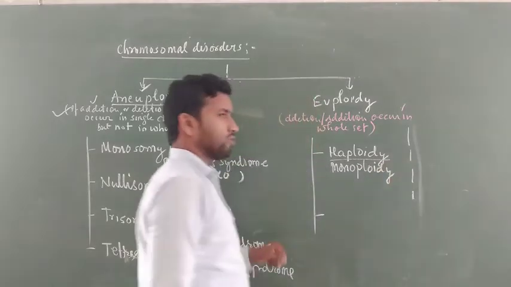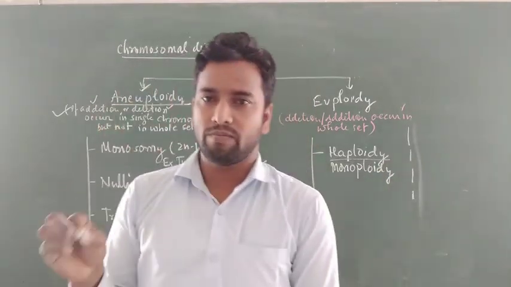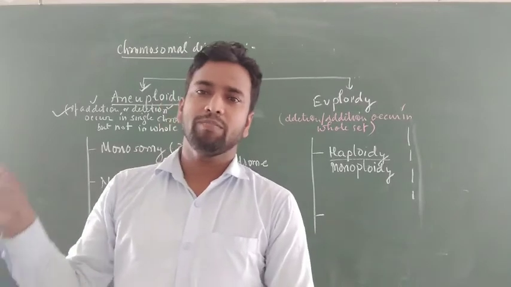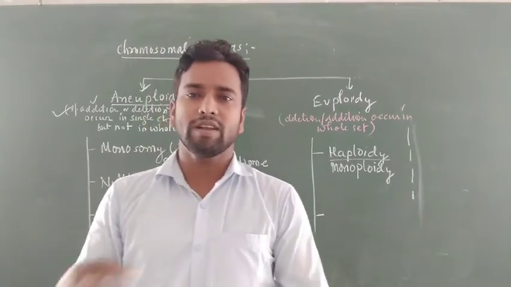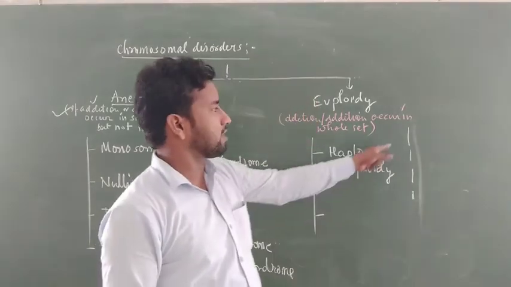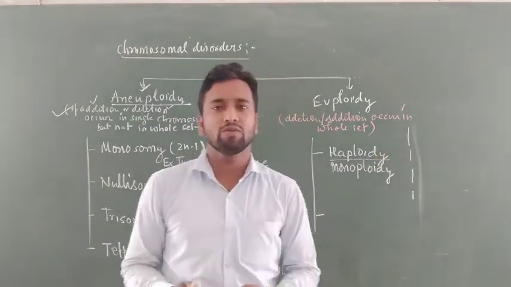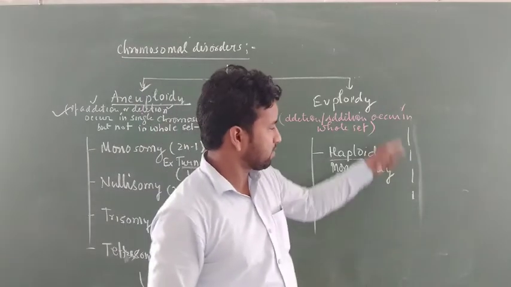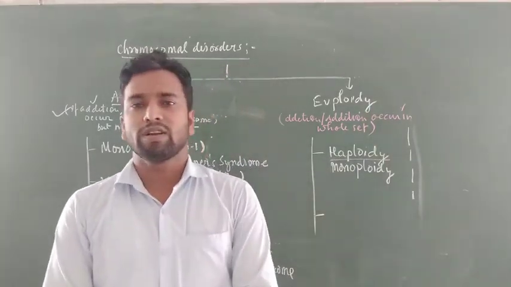Haploidy and monoploidy conditions occur mainly in plants. They can occur in animals also, but if animals show such a broad aberration, they are unable to survive, because a whole set of chromosomes is deleted.